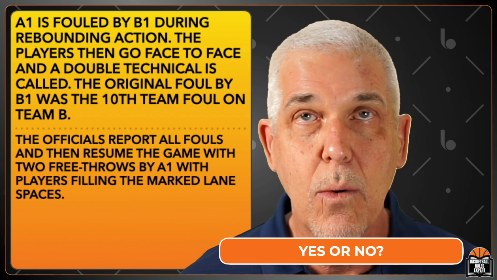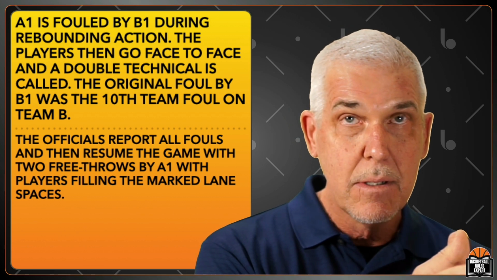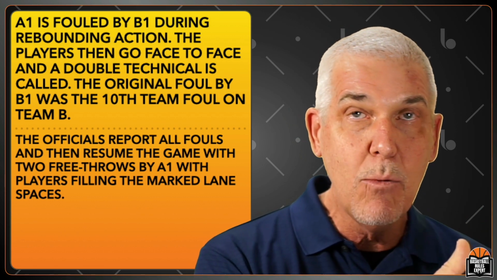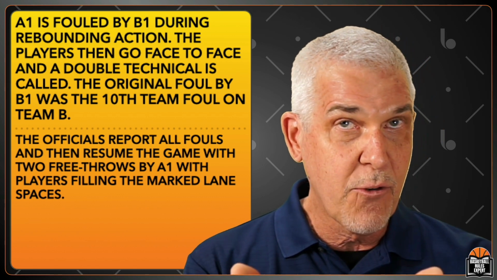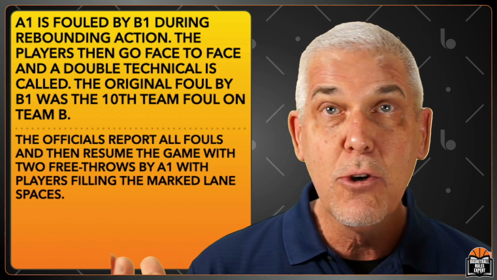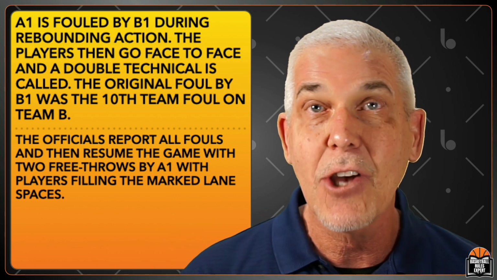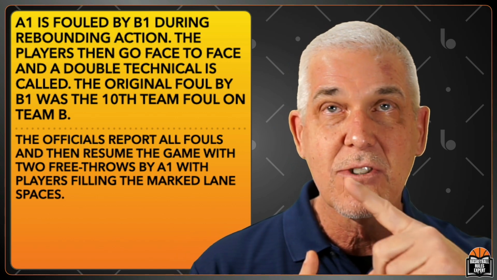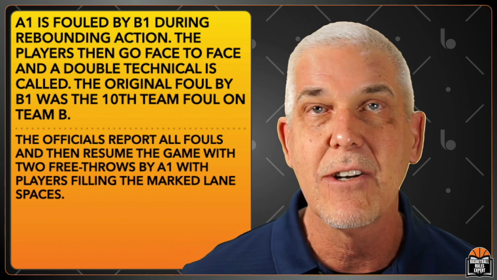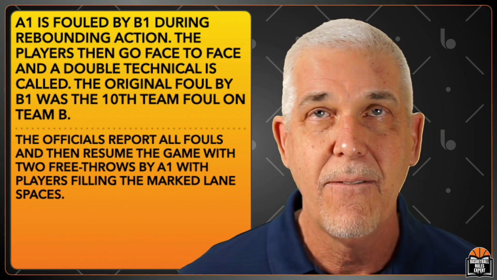Yes or no, right? So we have a foul. We're in bonus. We have a foul by B1 on A1, which would result in bonus free throws. And then the two players exchange pleasantries, or in this case, unpleasantries, to each other, and the officials assess technical fouls on each of the players, a double technical foul.